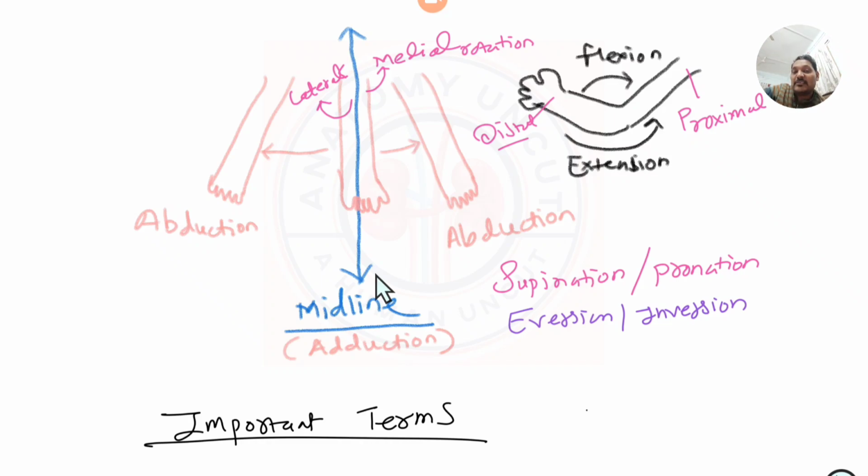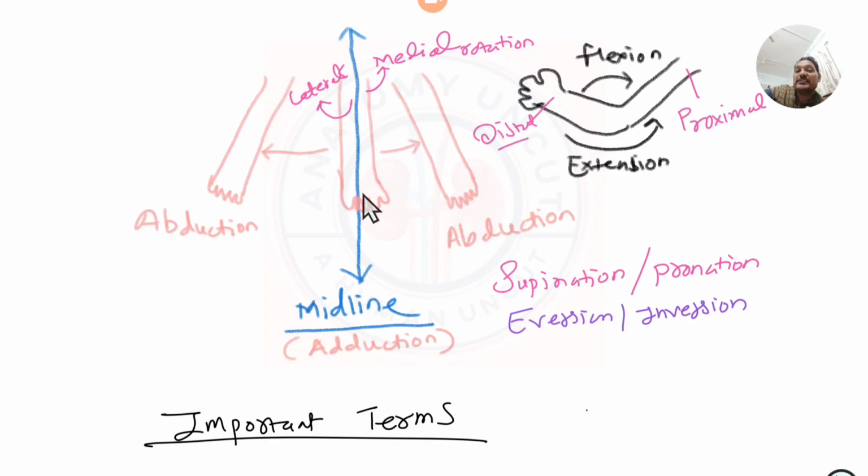So adduction means coming nearer to the midline plane, and abduction means that movement is taking the structure away from that midline plane. If two fingers are going away, they are abducting. If they are coming closer again, they are adducting.